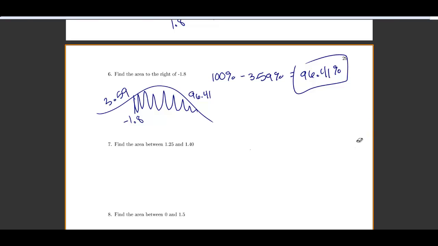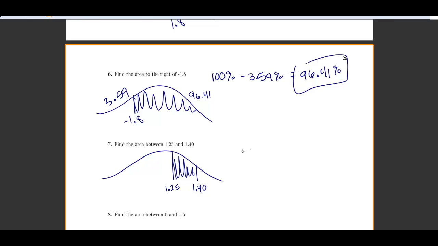Number 7. Find the area between 1.25 and 1.40. So this is something different. We haven't tried this yet. We want to find the area between those 2 points. So this is what I do.